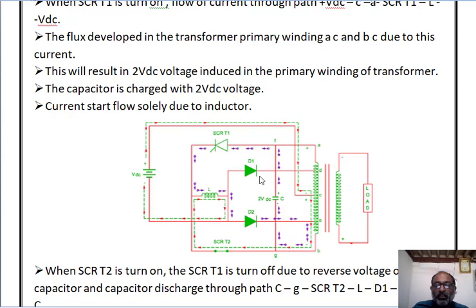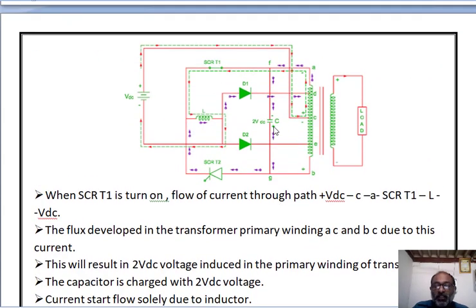is discharged through the path. Here you can see the capacitor is discharged through the path C to G to SCR-T2, then inductor, then diode D1, through diode D1, then the primary winding, then A, then F, then capacitor C. So here you can see the discharge current is also passing through the primary winding of the transformer.